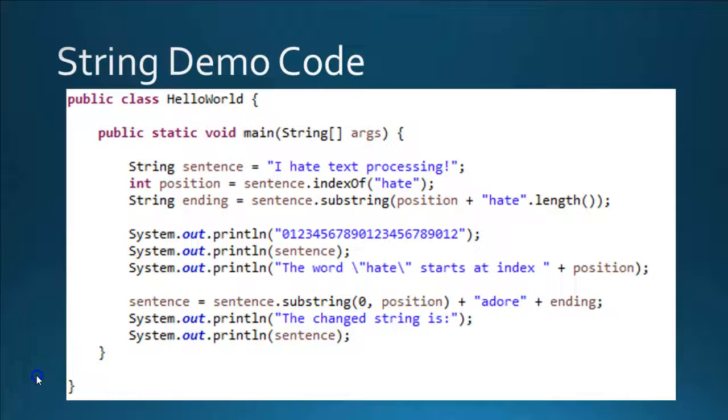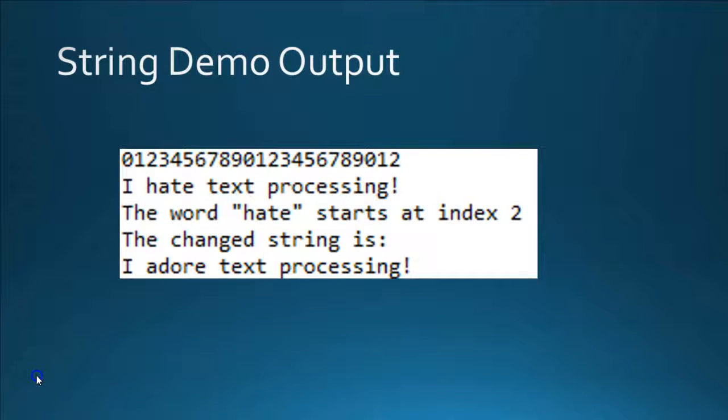Let's take a look at how this code, when we run it, is actually going to look. If you notice, we have several methods that we discussed in our previous lesson: indexOf, substring, and length. We also have some escape characters, a slash quote in here. Here's our demo output.